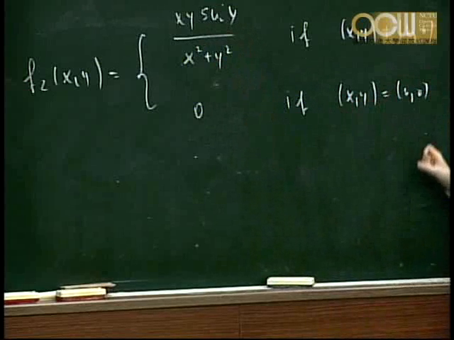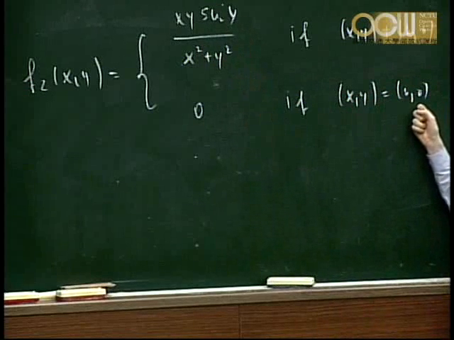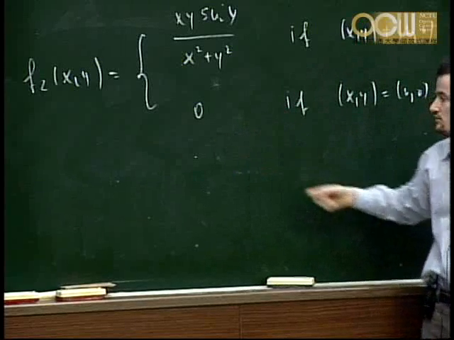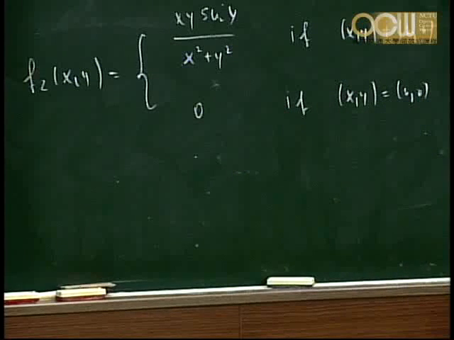So also here, the point (0,0) would be called a removable discontinuity, because you can remove it by suitably redefining the function. Whereas here, the point (0,0) is not a removable discontinuity, because no matter how you define the function, it will always remain discontinuous at the point (0,0), at the origin.